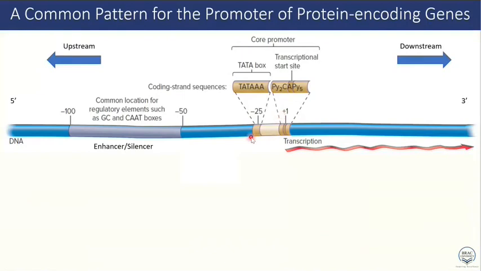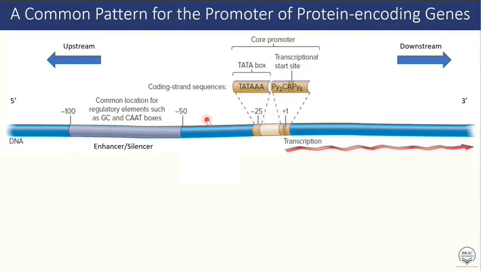And then we talked about the regulatory regions. If you remember, just upstream of the promoter are the regulatory regions. The transcriptional start site, the first nucleotide, is called +1. Then approximately 25 nucleotides upstream, the TATA box is found.